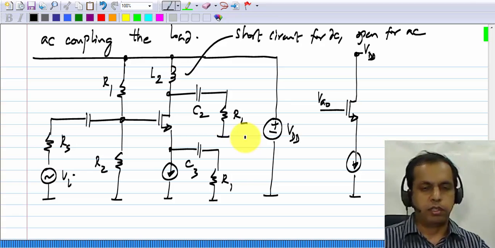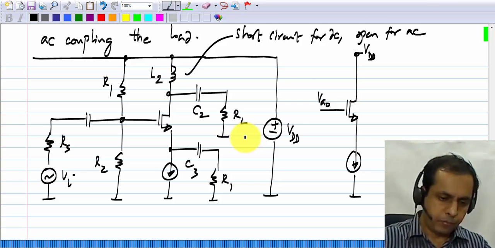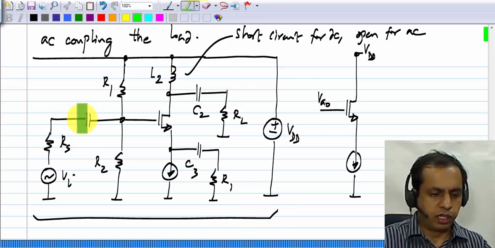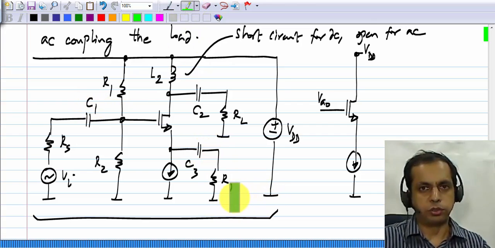Now, how do we evaluate the values of L2 and C2? You can write down the transfer function and evaluate it, but I will take an easier way and do it kind of step by step. Let me draw the small signal picture of this, and while drawing that, I'll assume that this C1 and C3 are already shorted and so on.